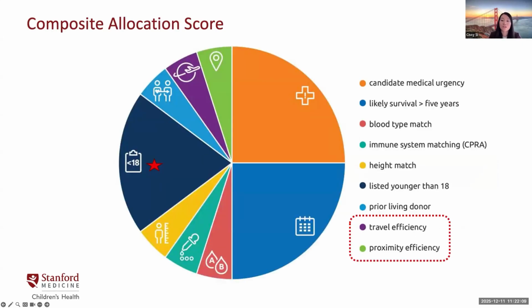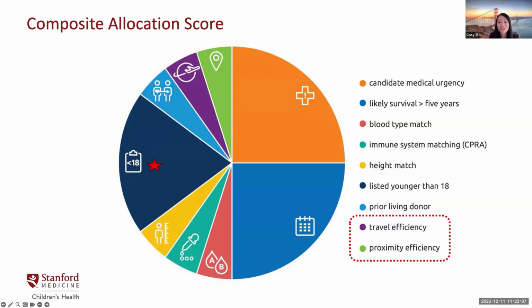Now, what happens once a child is on the wait list? UNOS, which is the organization that oversees organ donation in the United States, transitioned to a continuous distribution system of organ matching in 2023. What this means is that there is a unique composite allocation score that is calculated for each potential donor-recipient match.